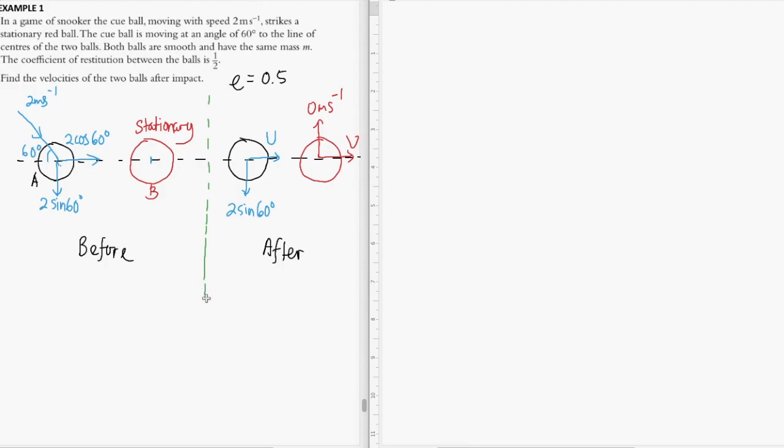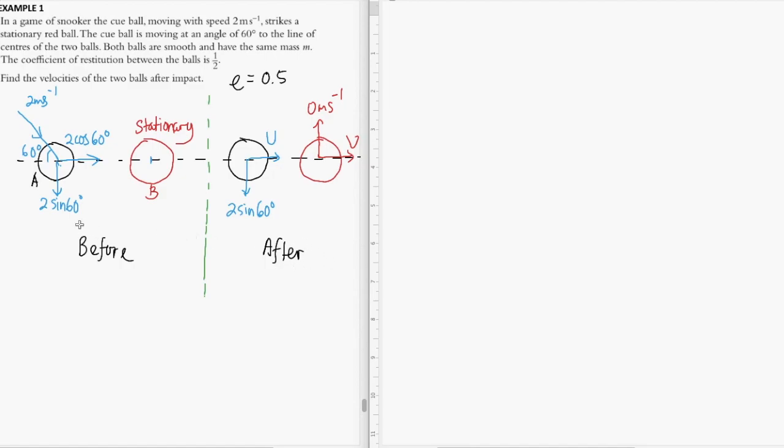Now the cue ball is moving at an angle of 60 degrees to the line of the centers of the two balls. Both balls are smooth, so there is no rotational effect here, and both have the same mass m. The coefficient of restitution between them is 0.5. We need to find the velocities after the collision.